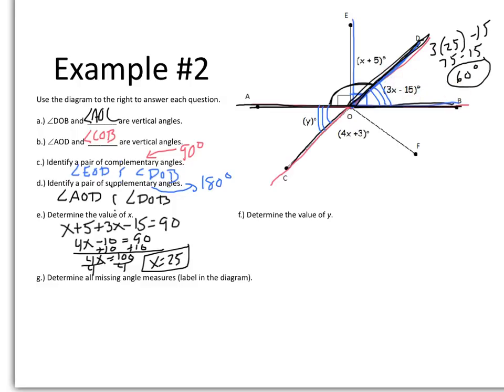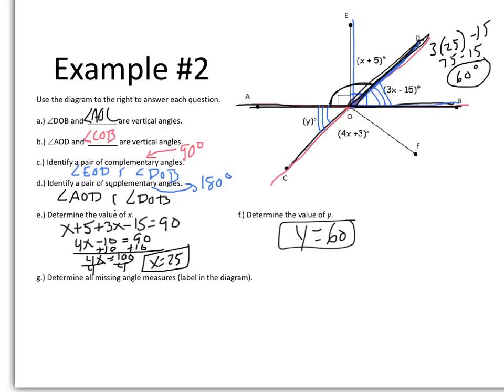Well, if this angle is 60 degrees and it is congruent to angle AOC, where angle y lies, I know that this angle and this angle are the same measure. Therefore, y equals 60.